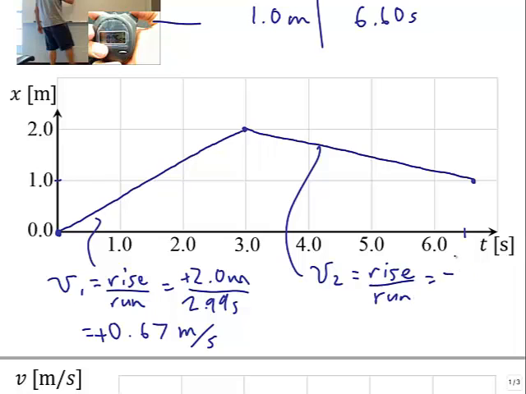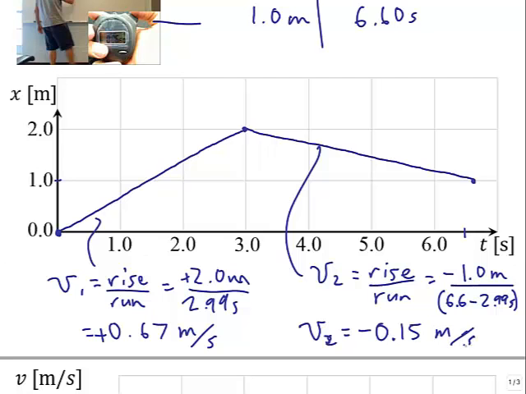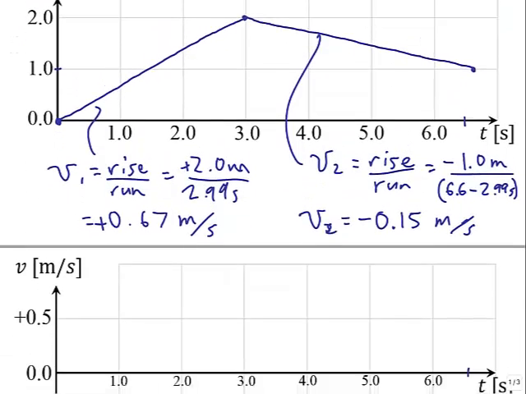It's gone down by 1 meter, divided by the time, which is now 6.6 minus 2.99 seconds. Plugging all that into my calculator, V2, I get negative 0.15 meters per second.